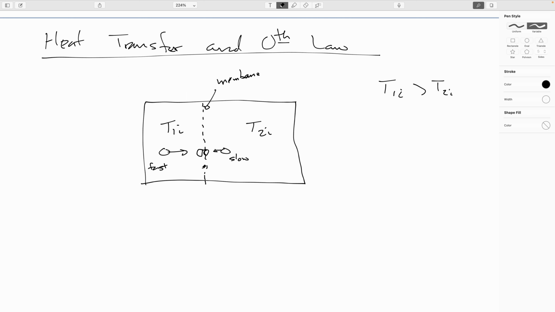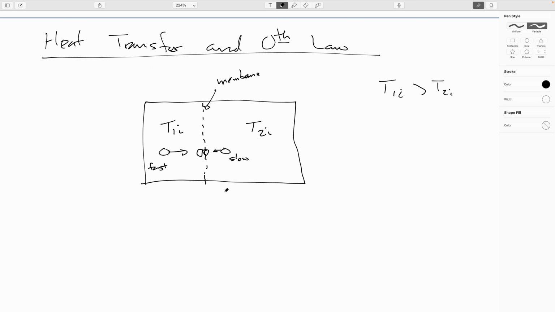The membrane only exists for us to conceptually not mix the gas. However, the analysis turns out to be exactly the same if we get rid of the membrane and just let the gas molecules mix. But conceptually, we can imagine this here just so that we don't have the mixing happening and it's easier to see.